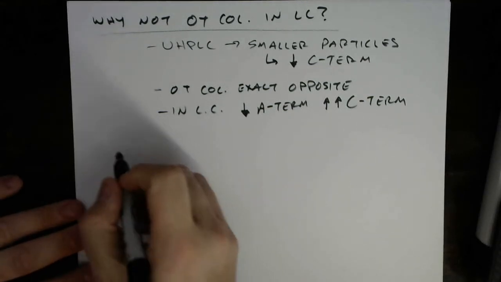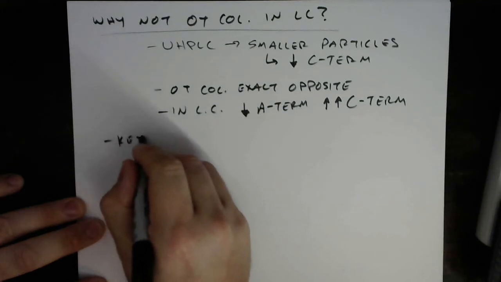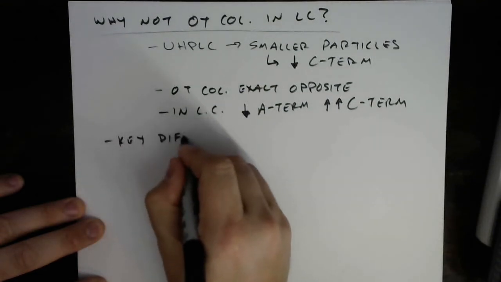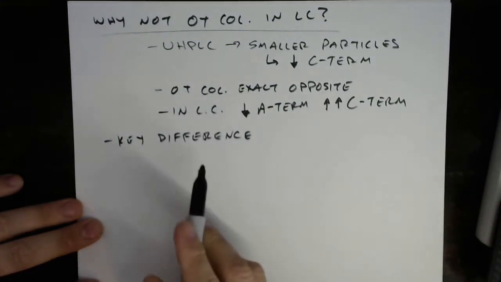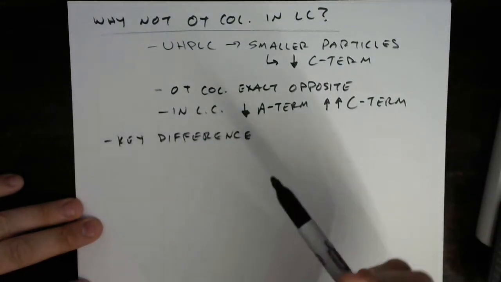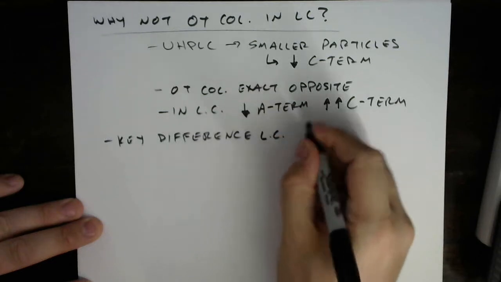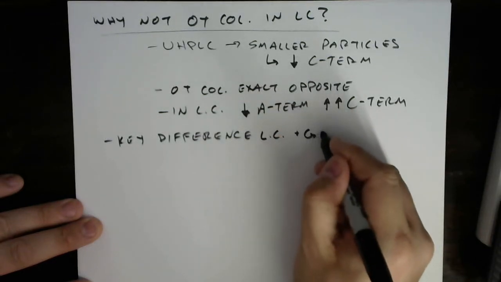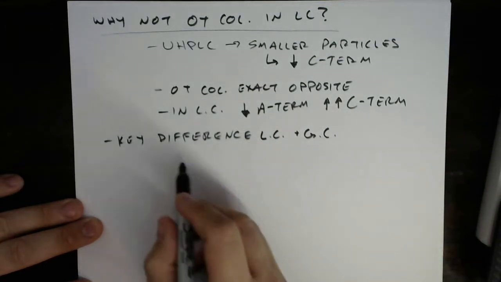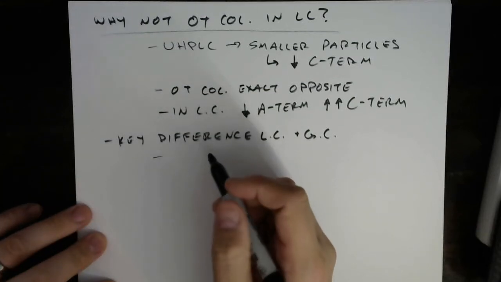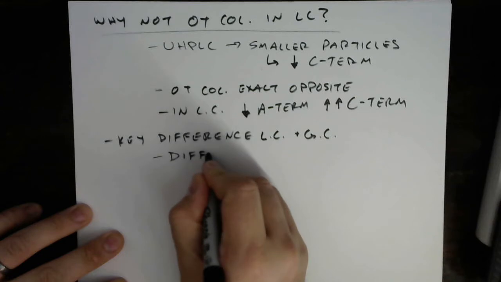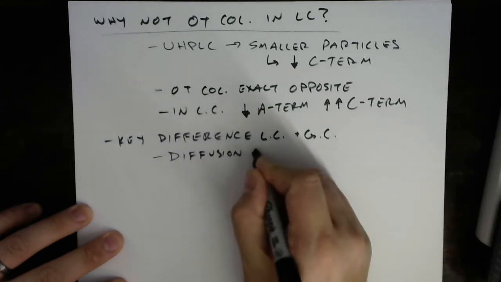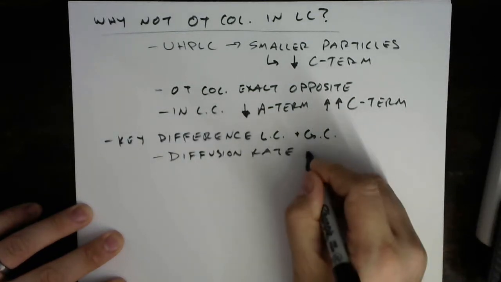And so the key difference, in this context, between LC and GC is the diffusion coefficient, or the diffusion rate, of the analyte.